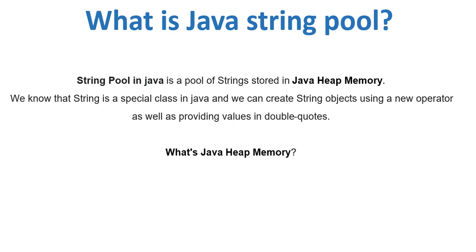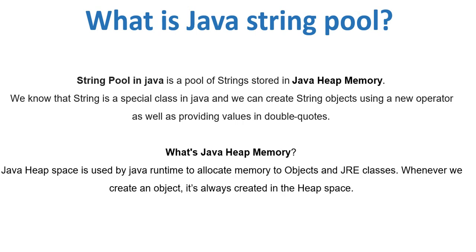What is it that we call a heap memory? A heap memory is just a space that is used by Java runtime to allocate memory to objects and JRE classes. So whenever we create an object, it is stored in Java heap memory.